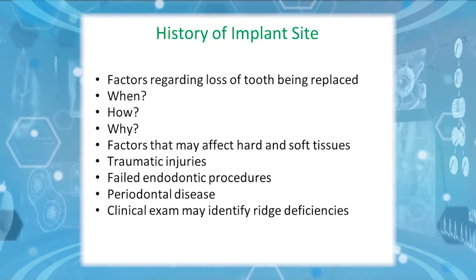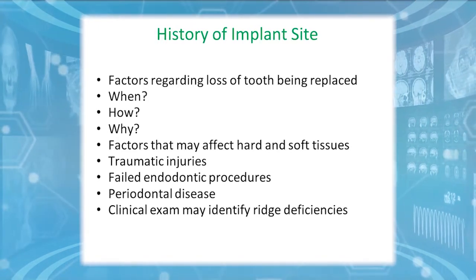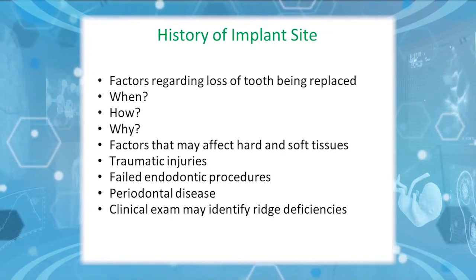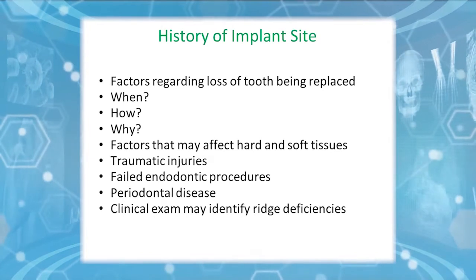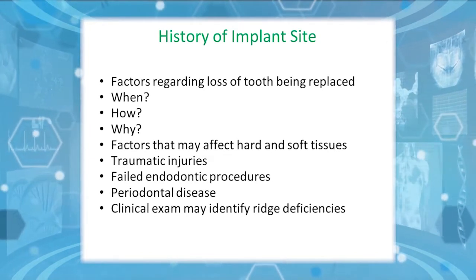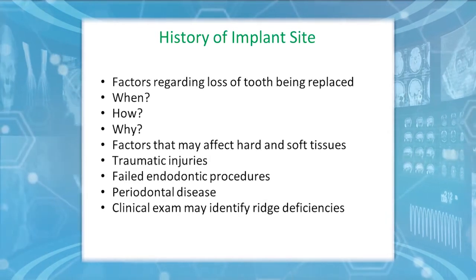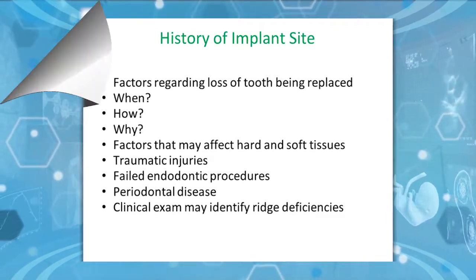If the patient has had a root canal treatment, the reason why it has failed, and then periodontal disease, those are diseases that affect the gum and the bone. And also we have to indicate the ridge deficiencies, whether it is horizontal or vertical bone loss.